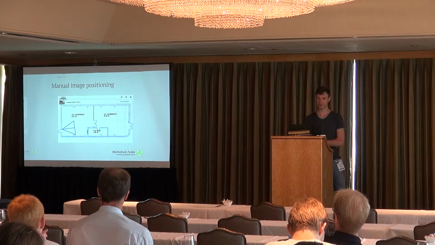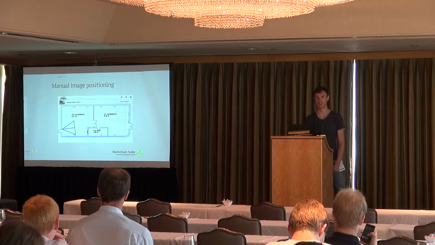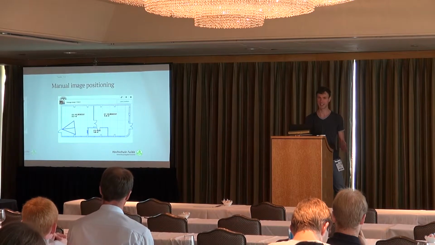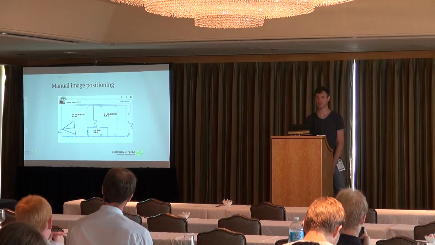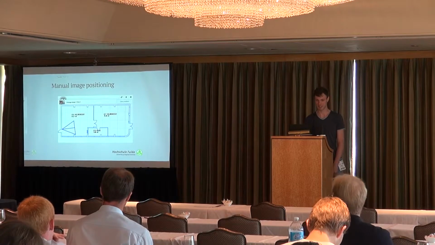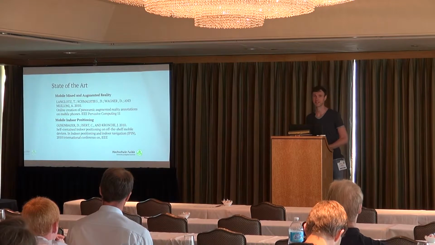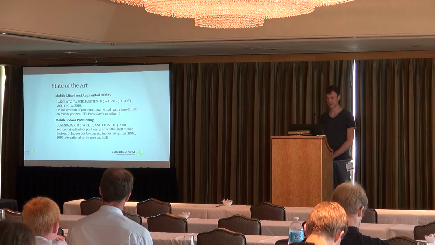Then we searched for a better approach which combined the real-time aspect with the preciseness of the bundle adjustment, and we took a look at the current state of the art in this area.